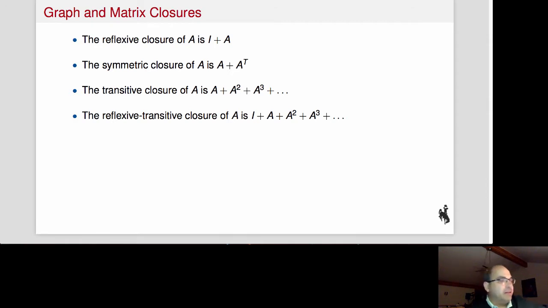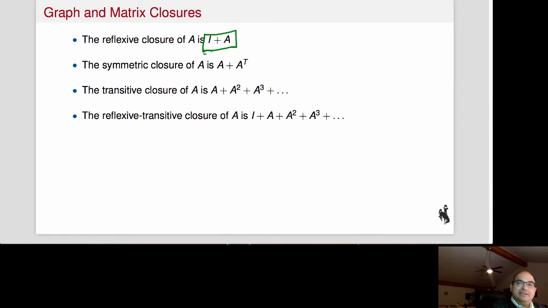Okay, so what about the reflexive closure? Well, for the reflexive closure, I start with A and I union the list of all A, A, B, B, C, C. That is the 1s along the main diagonal. So really what I need to do is just take A and add to that 1s in the main diagonal. That's the identity matrix, okay? So this is actually the reflexive closure.